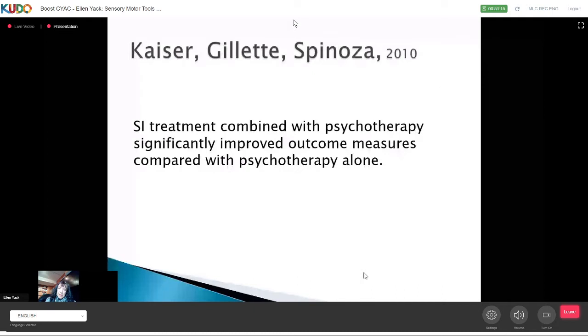Just to identify some research related to combining sensory motor tools within mental health practice, a 2010 study noted that treatment based on sensory integration theory, combined with psychotherapy, significantly improved outcome measures compared with psychotherapy alone. So this was a really important study.